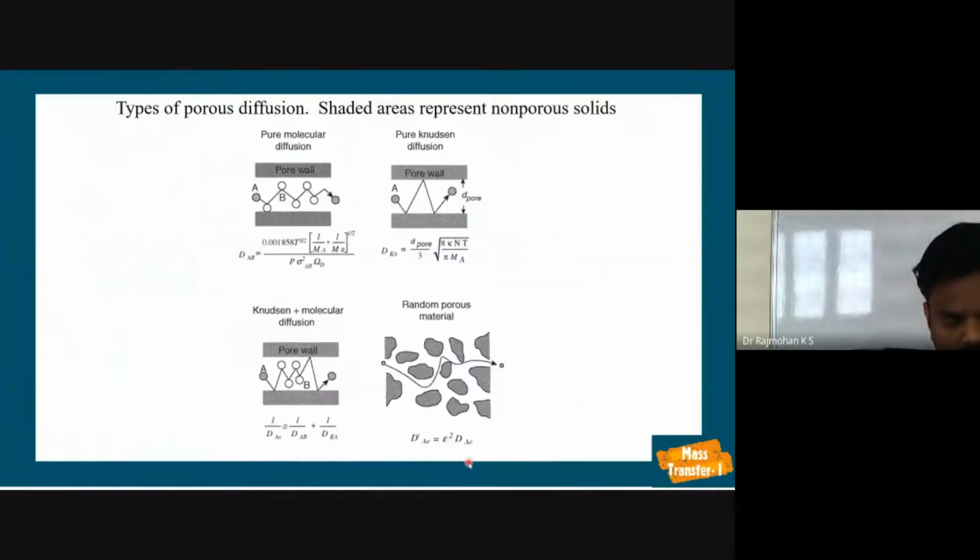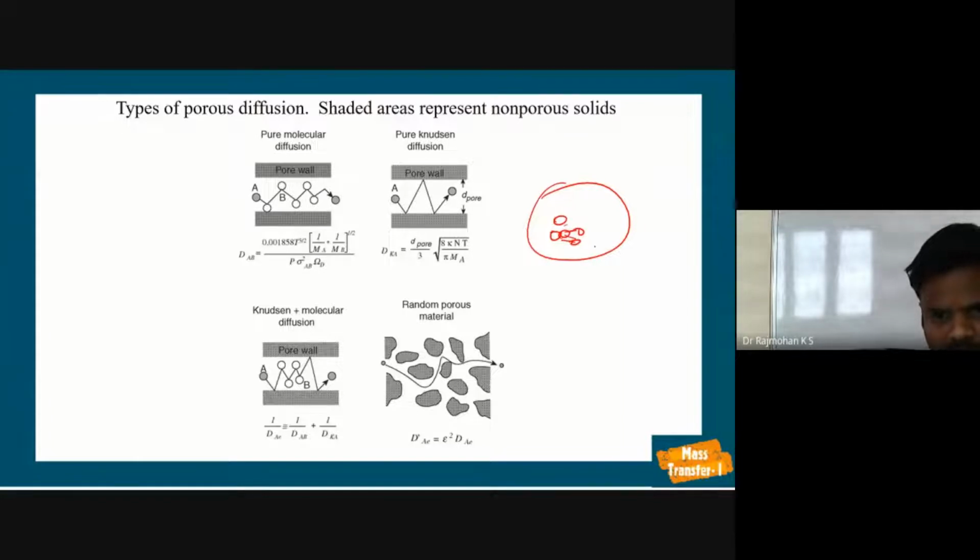When we talk about these types of porous diffusion, if you have a pore wall, what happens? You have a group of molecules. If it is gas, we talk about the interactions and collisions between them.